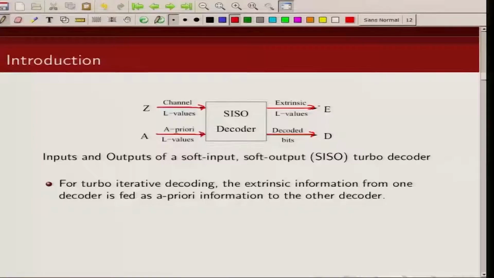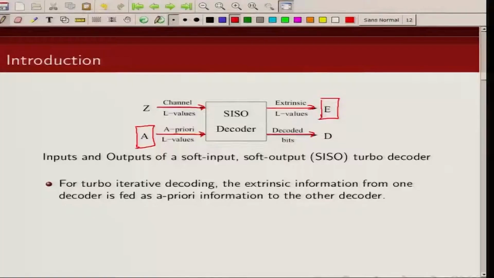There are two such soft input, soft output decoder, and if you look for a particular signal to noise ratio, if you look at turbo decoder as a function of iteration, you will notice the only thing changing with iteration is this extrinsic value and a priori value.